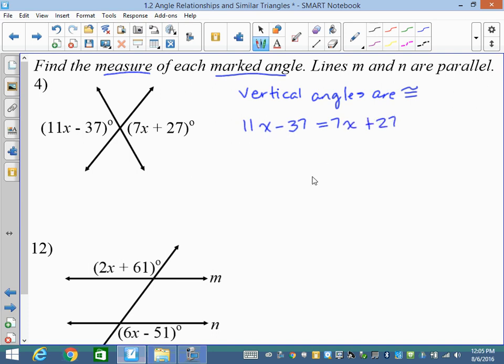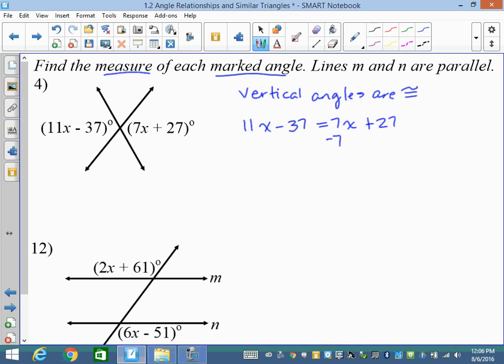Go ahead and pause this at this point, work through your problem, see if you get the same value of x as I do. And if you do, then you know that you're going to be in good shape to get those angles. Once you have one, you should have the other. Okay, so we'll come back and look at these.